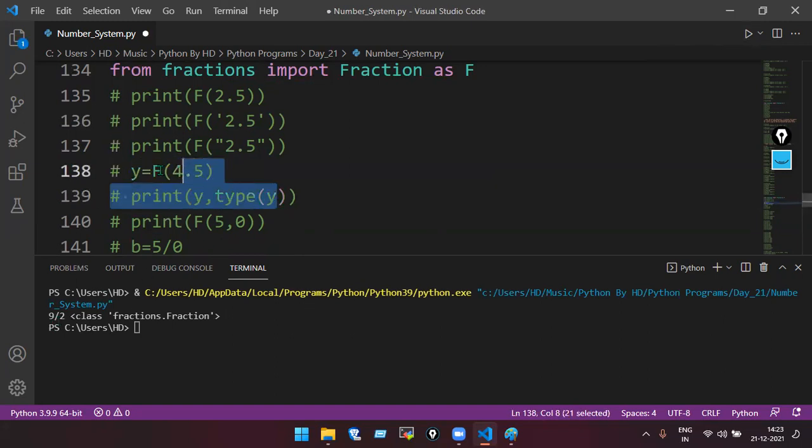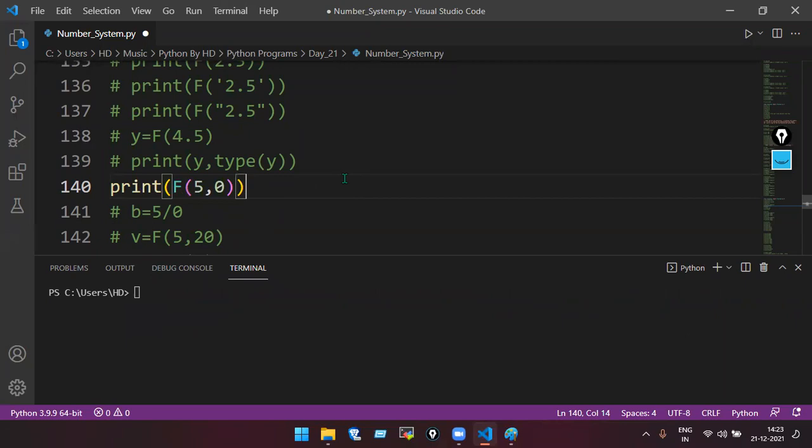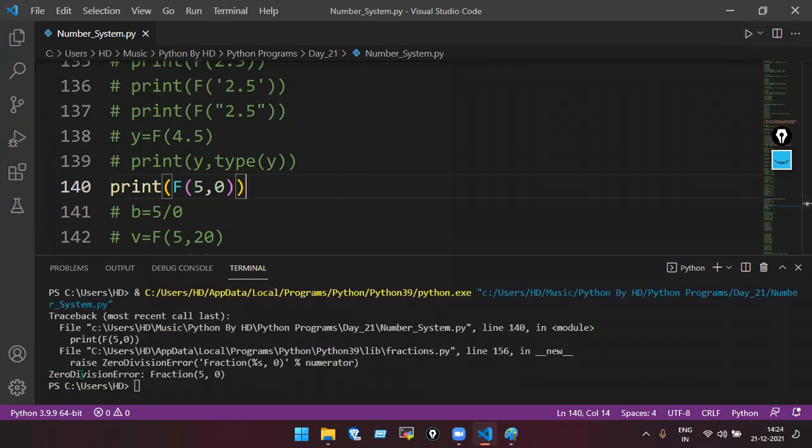What about this answer? Think and tell once. Fraction of 5 comma 0 means how much? 5 by 0. Is it possible? No. What do I get there?